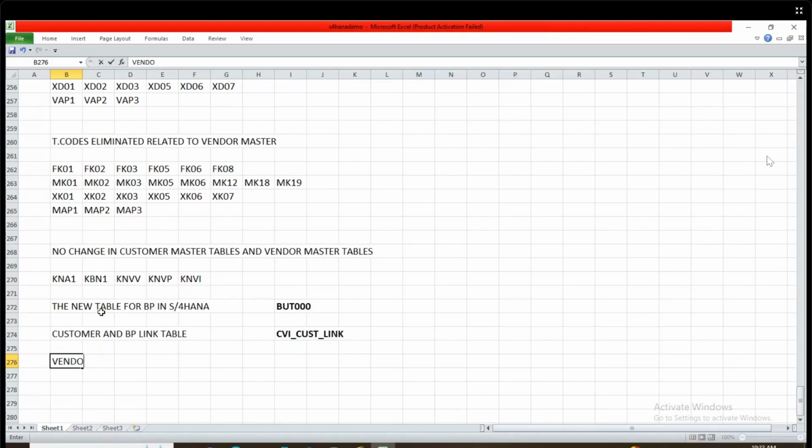Vendor and BP link table: CVI_VEND_LINK.